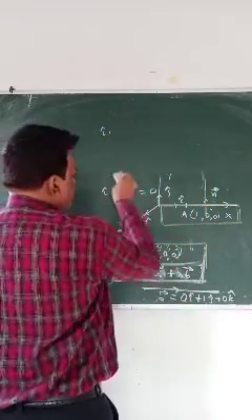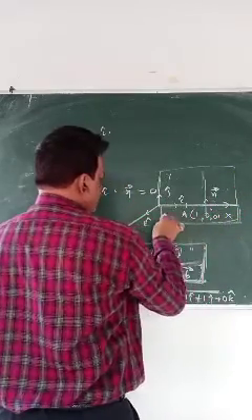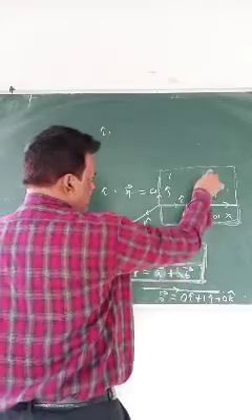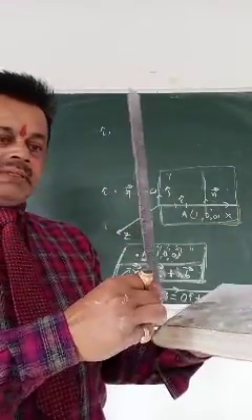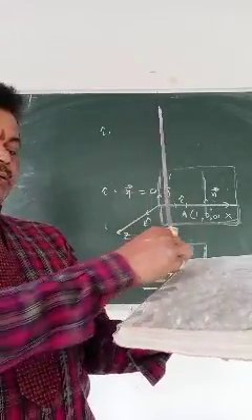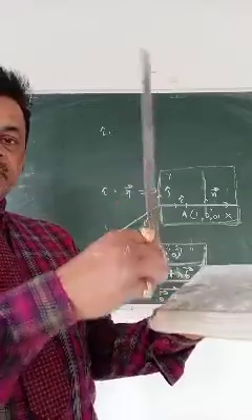If this is a plane, that means this line will be in this form. So n is perpendicular to i, n is perpendicular to j, so k and n will be in the same direction.